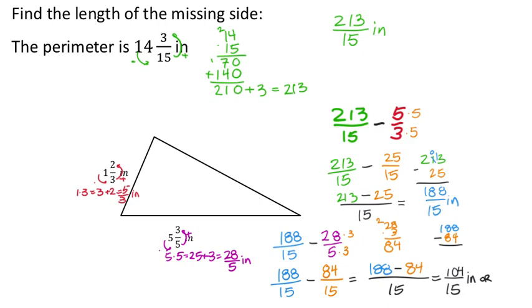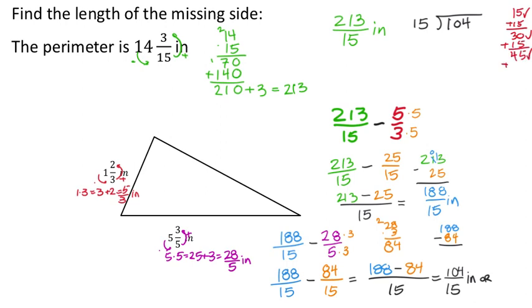But let's go back to the top. So I'm going to take 104 and divide it by 15. Okay, so I'm looking at multiples of 15. That'd be 15, there's our first multiple, plus another 15 is 30. That's the second multiple, plus another 15 is 45.